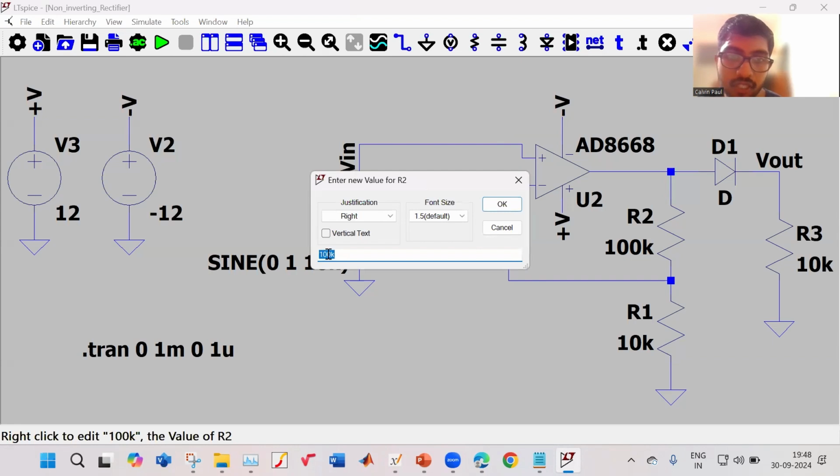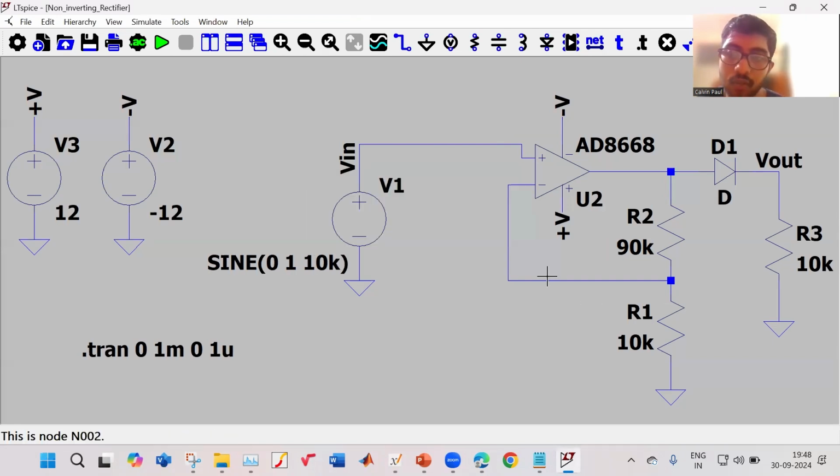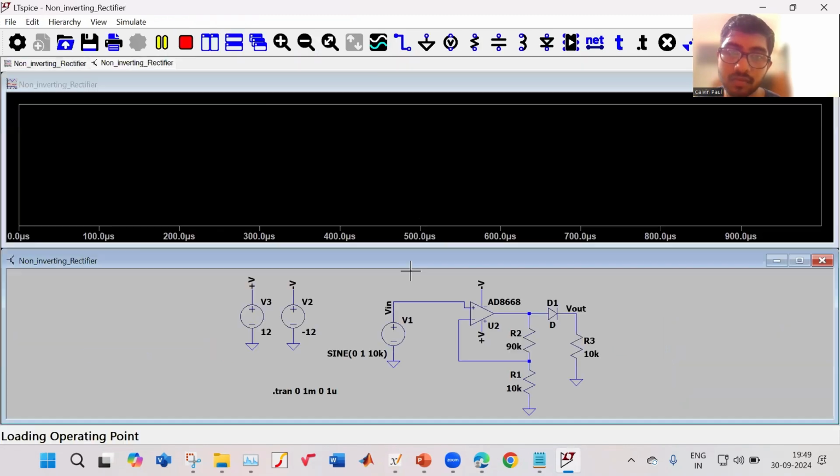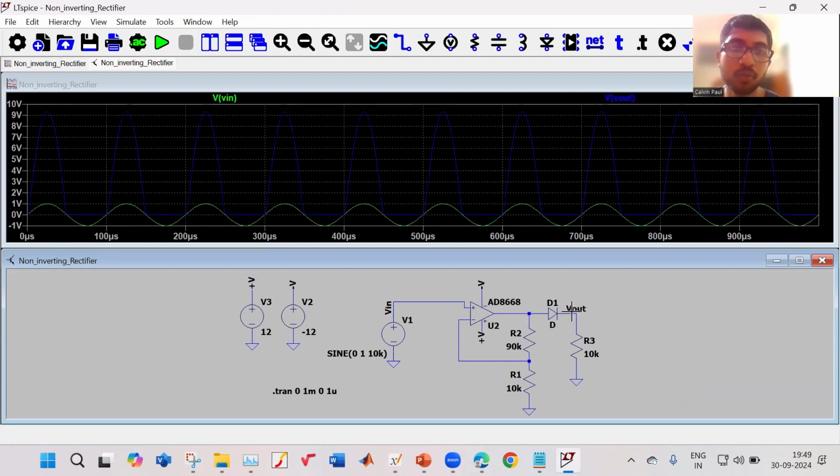So again, let me go for a gain of 10. So now I have an input is AC, but I want to make it DC. So I use a diode. So, okay. So this is a half wave rectifier. So let me run it. So this is my input voltage. It is positive, etc. And this is my output voltage.